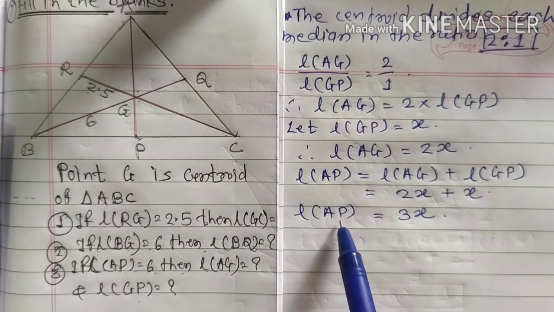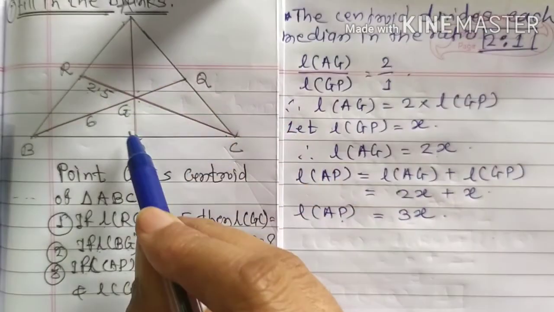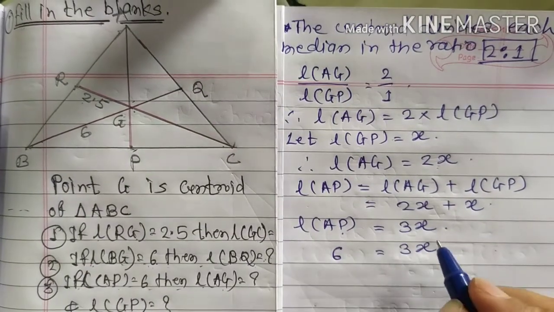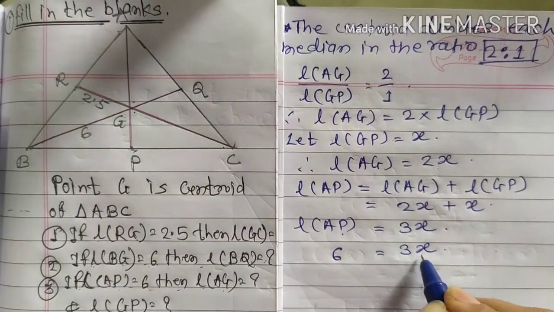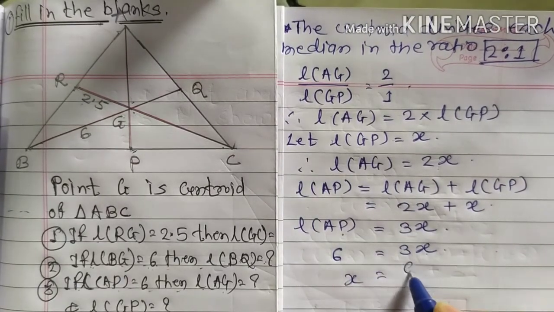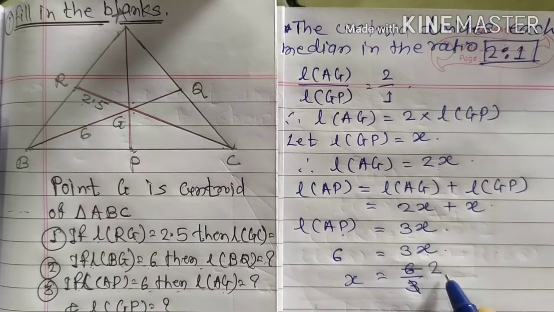They have given us the value of AP, AP is equal to 6. Filling that in, 6 is equal to 3x, and x is equal to 6 upon 3, that is 2.